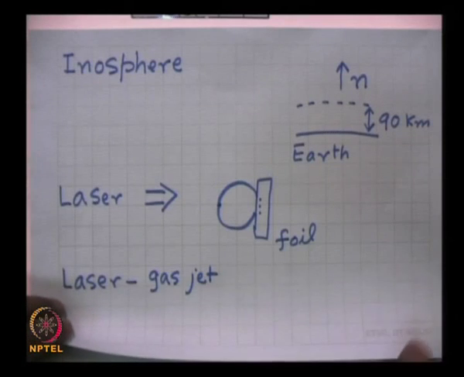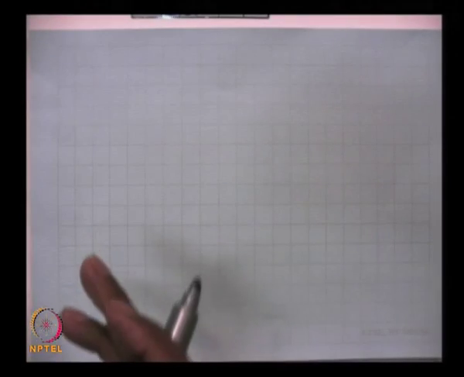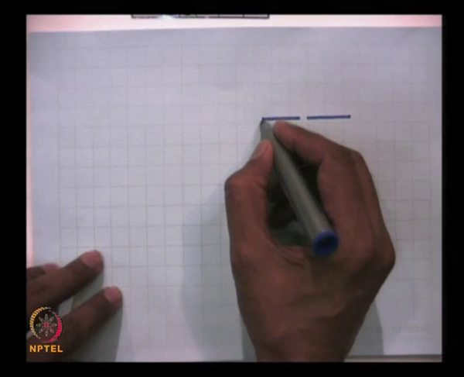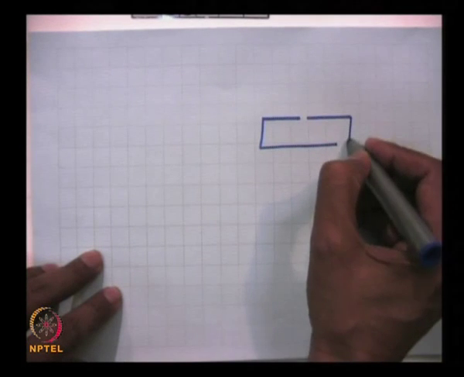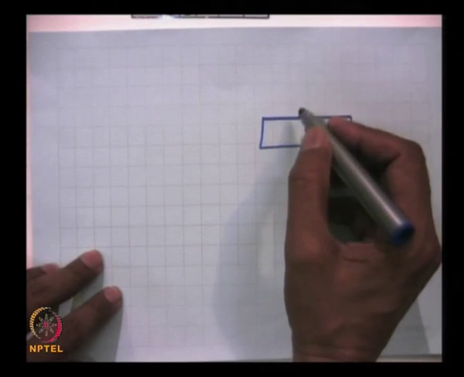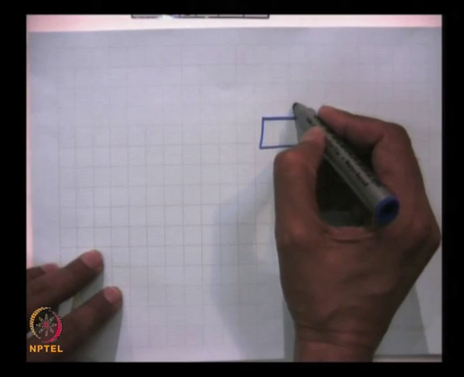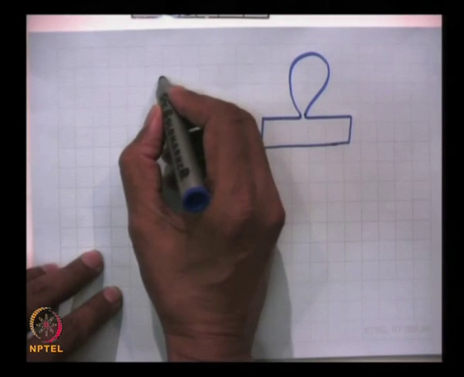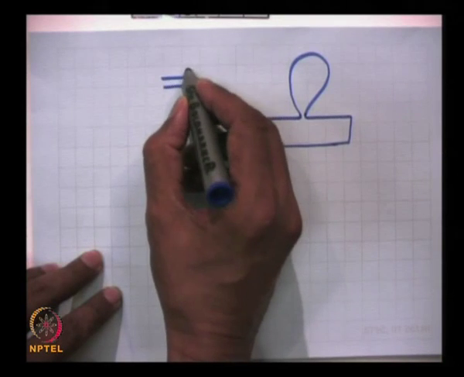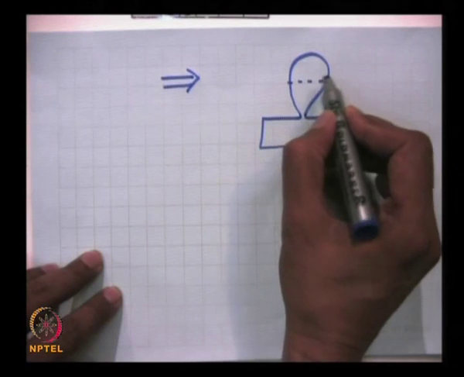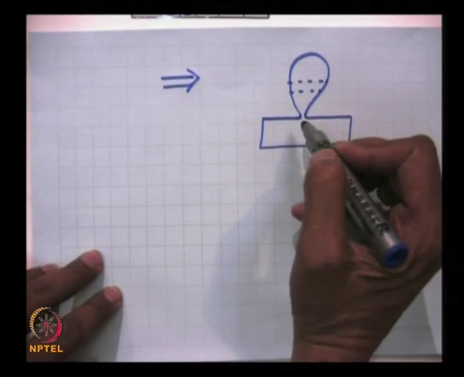What you do in laser gas jet interaction, you have a container that has a gas at a high pressure, and there is a small nozzle in here through which the gas comes out. The gas forms sort of a plume here like this, and you shine a very high power laser into this gas, then it forms a plasma here in the region through which the laser propagates.